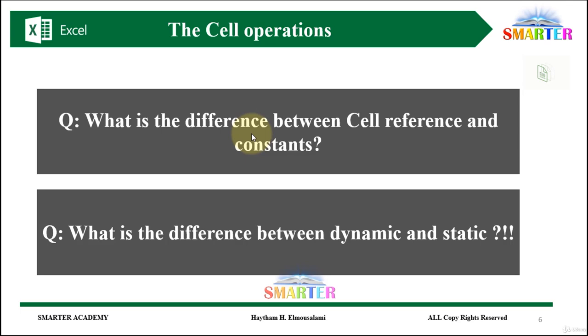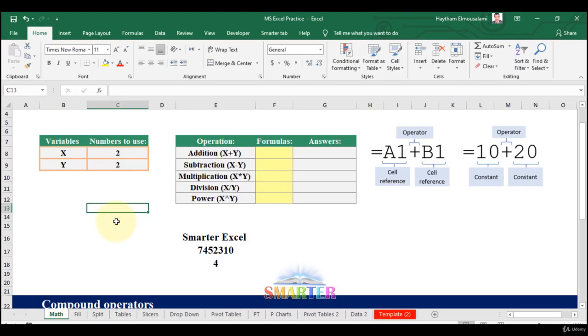So there is a key question and key concept here. What is the difference between cell reference and constant? In other words, what is the difference between dynamic and static? Let's take an example.